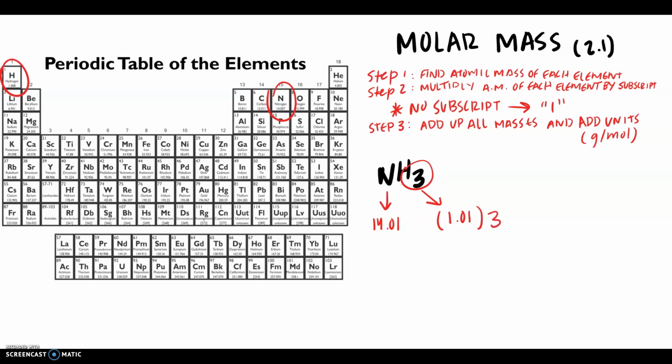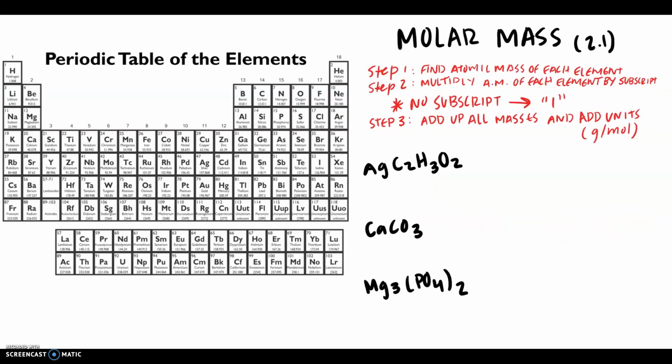And if you're plugging this into a calculator, I like to just go ahead and add all of this together, right? So that would be step 3, adding up all the masses. And when you plug this into your calculator, this will give you 17.04, and then adding our units, right? We said that was important, grams per mole. So the molar mass of NH3 is 17.04 grams per mole.